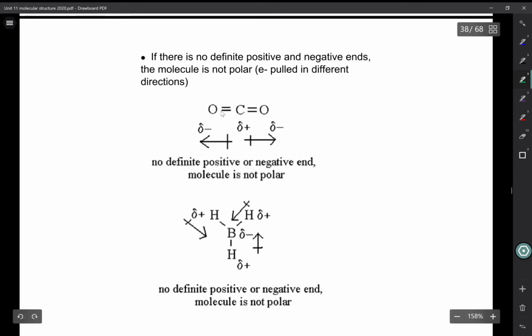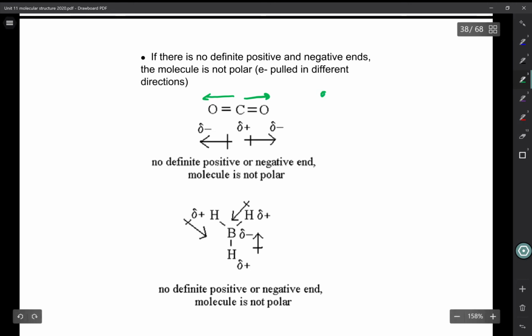If we look here between oxygen and carbon, oxygen's more electronegative, so the electrons can be pulled in that direction, which is what I have down here. On this side, between carbon and oxygen, again, oxygen has more electronegativity than carbon, so electrons are getting pulled that way. So in a sense, the electrons are getting pulled in opposite directions.